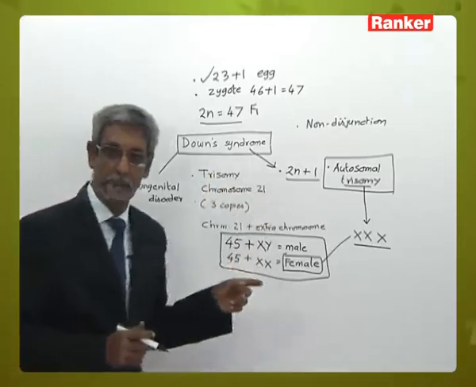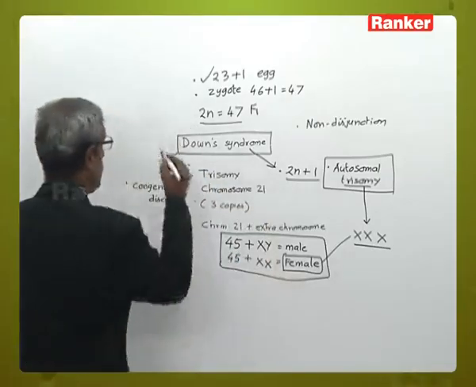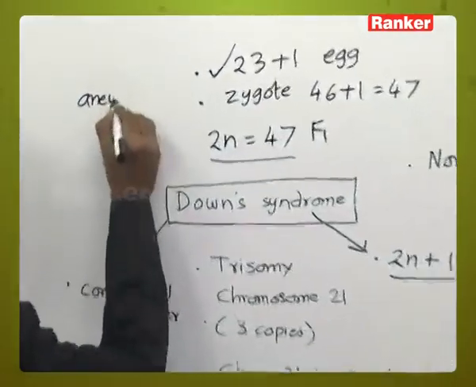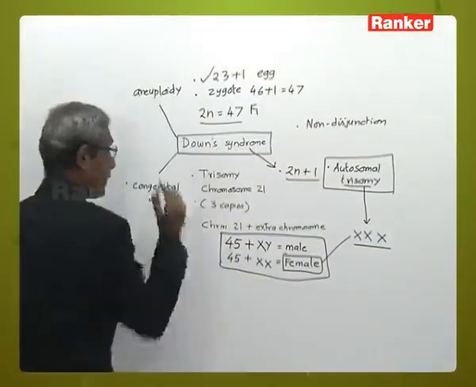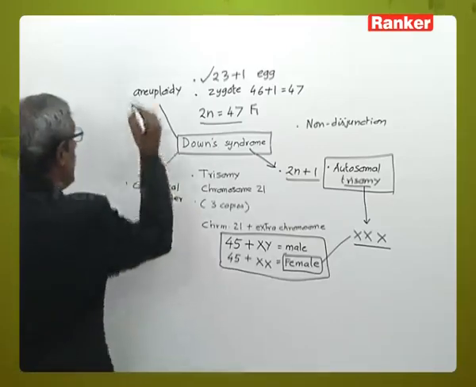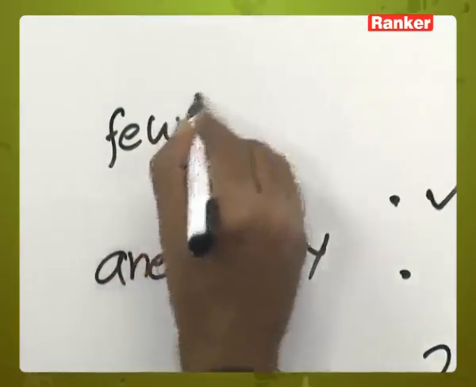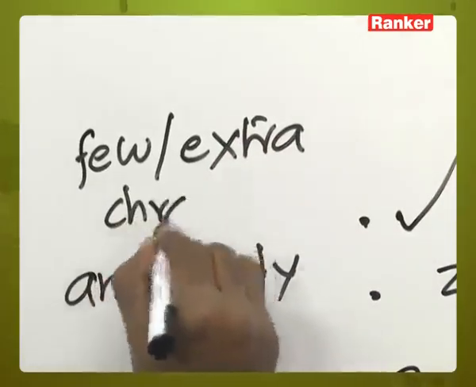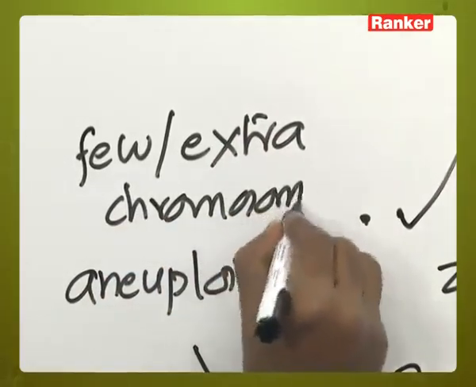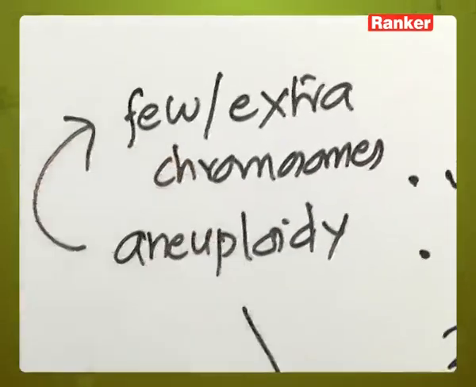Down syndrome is an example of aneuploidy too, because a few or extra chromosomes are added.